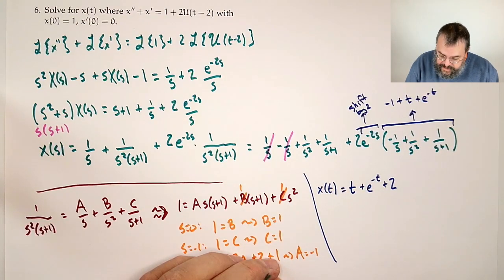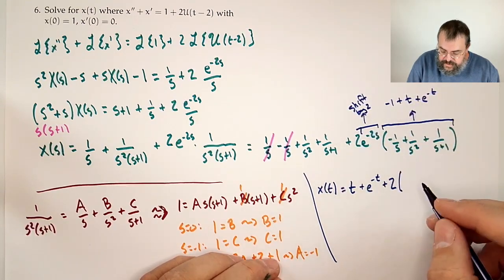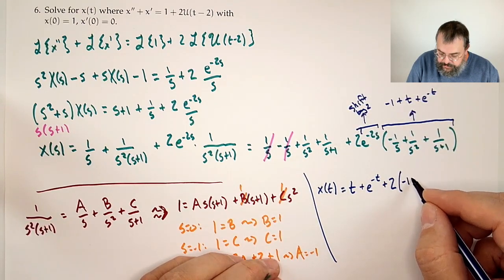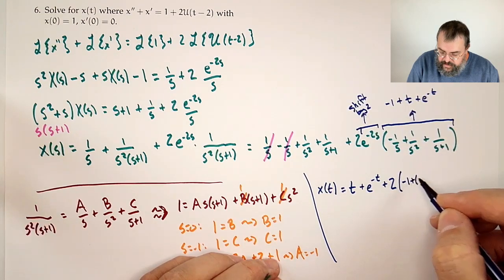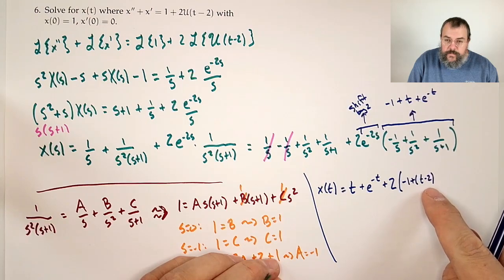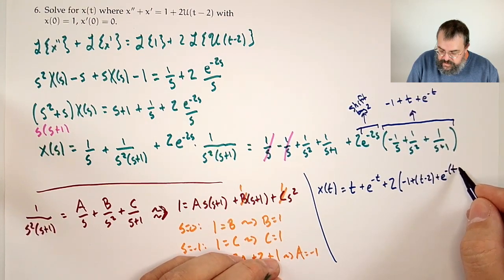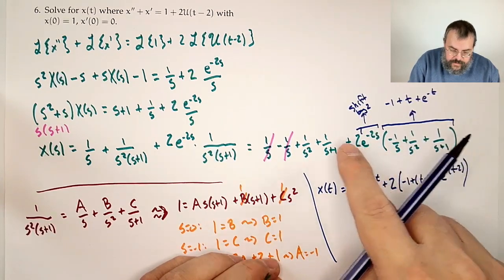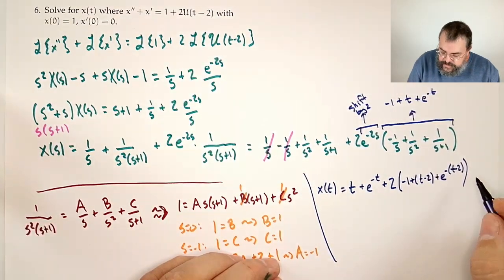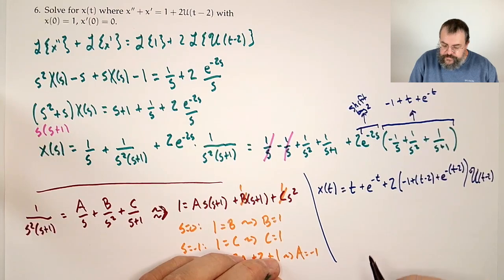So what's going to end up happening is we're going to take this expression and shift by 2. So we're going to get minus 1 plus, and then here, t minus 2, because we shift over by 2, plus e to the minus t minus 2. And then we need to turn on our switch. So we're going to get u of t minus 2.